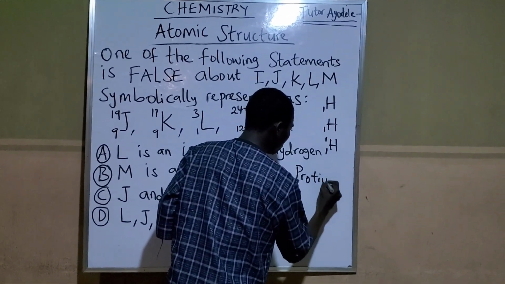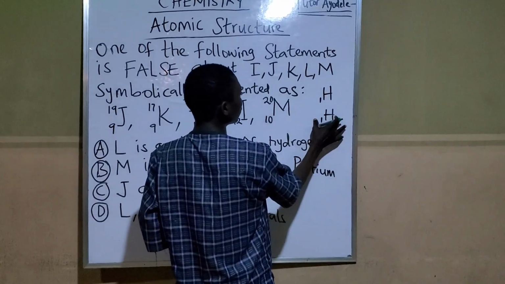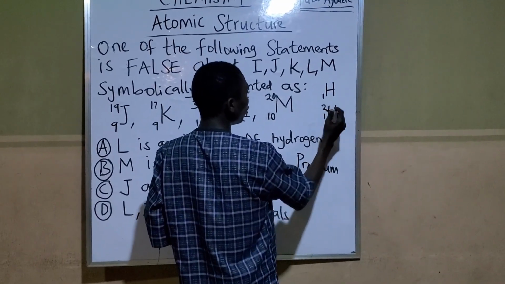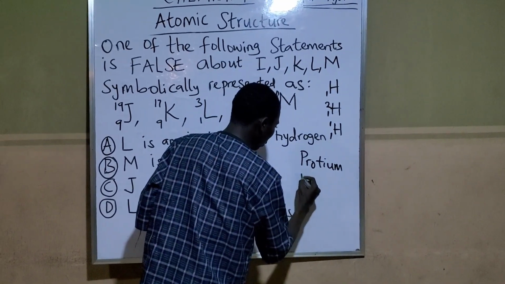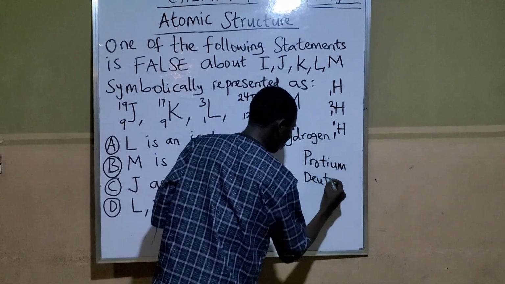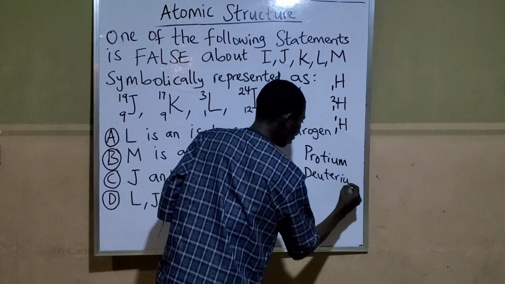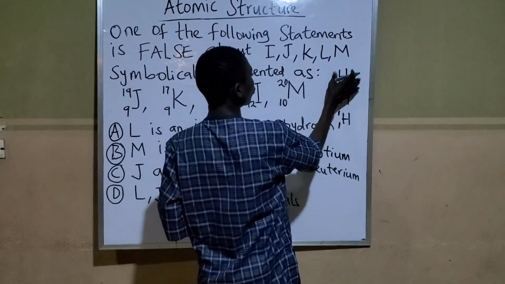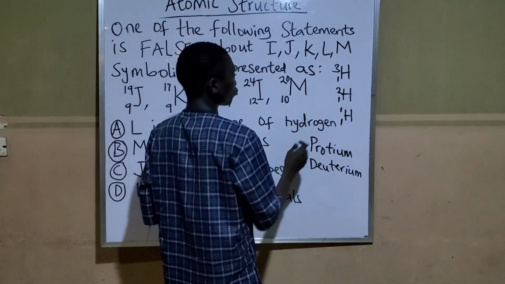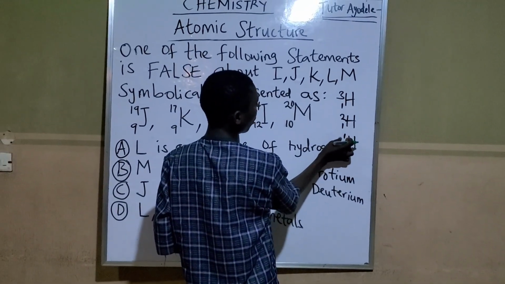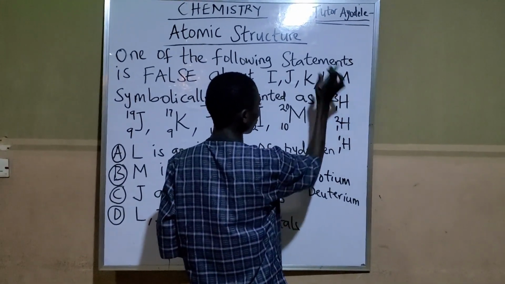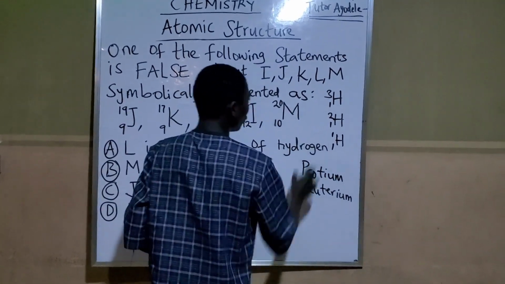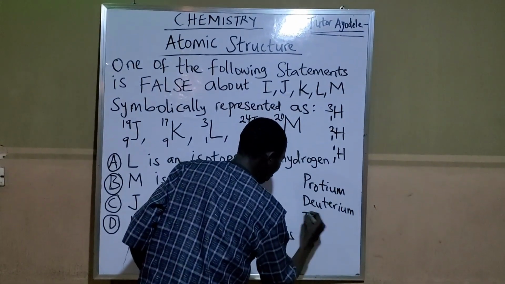protium. The one that has a mass number of 2 is called deuterium. The one that has a mass number of 3 is called tritium.